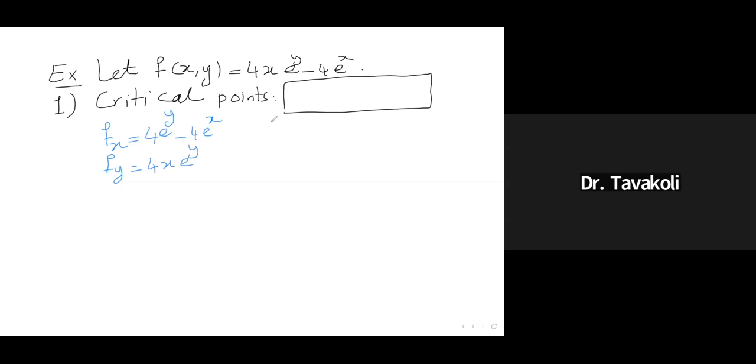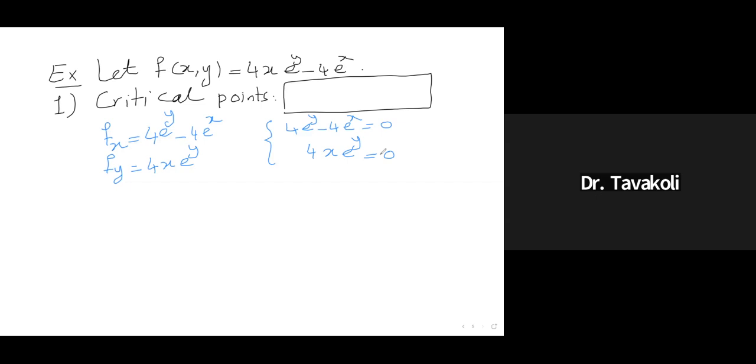So I set these equal to 0. 4e^y minus 4e^x is 0. 4x e^y is 0.